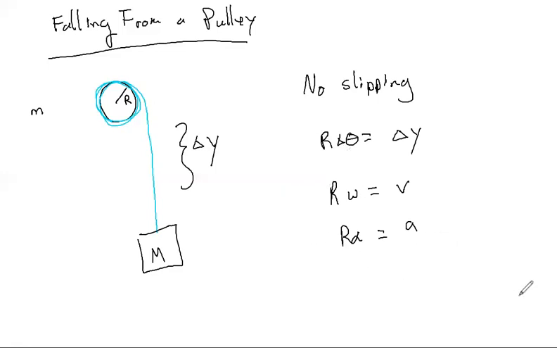Okay, so let's analyze this problem from an energy perspective, and let's go ahead and assume that v initial is 0, just to make the analysis a little bit simpler. So it starts from rest, and then the object starts to fall, which causes the pulley to rotate.